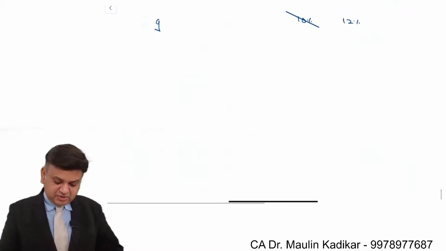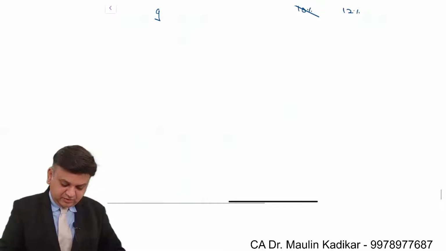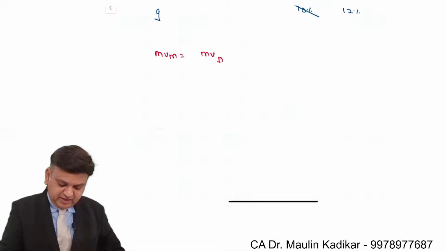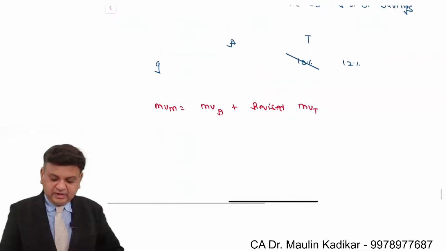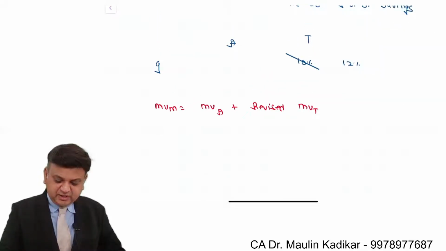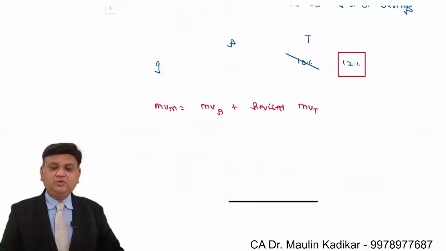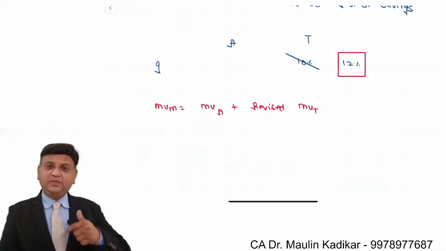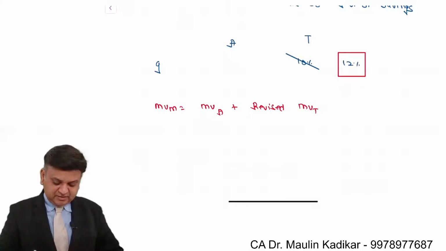In such a situation, we are required to compute the market value of the merged firm as market value of A plus revised market value of T. So what will happen, dear students? We take into account a revised growth rate to compute the valuation of the target company once again, and with that the market value of the merged firm will be found.